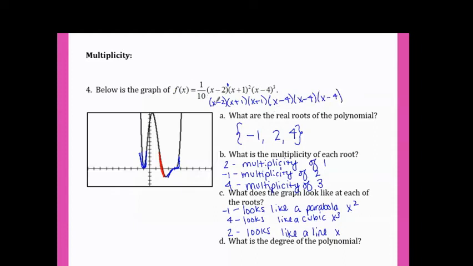So we would have 1, 2, 3, 4, 5, 6 x's, so the degree is 6. 1 plus 2 plus 3. And a way we can check this is, this degree is even. Are our ends going the same direction? We're probably on the right track.